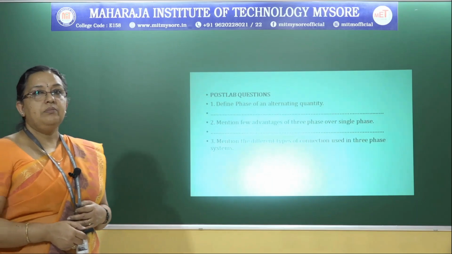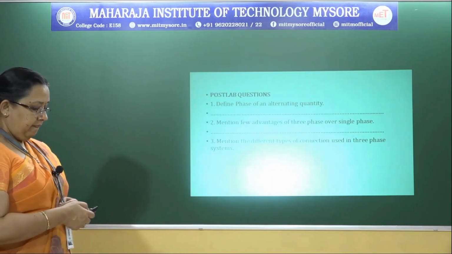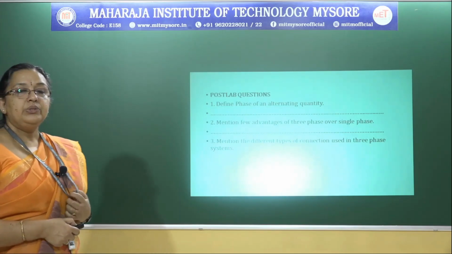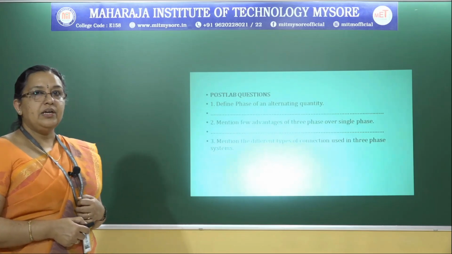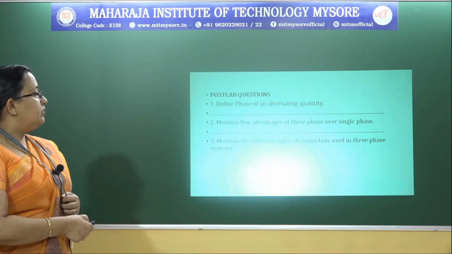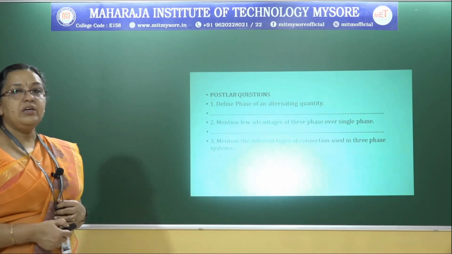Now the post lab questions. First, define the phase of an alternating quantity. That we have already discussed in the class. The next question: mention a few advantages of three-phase over single phase.